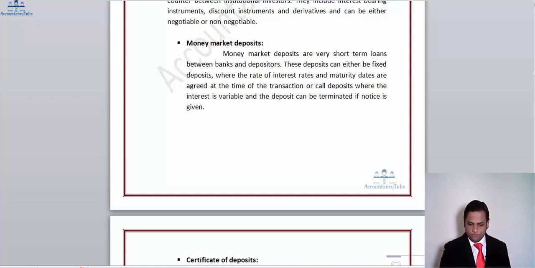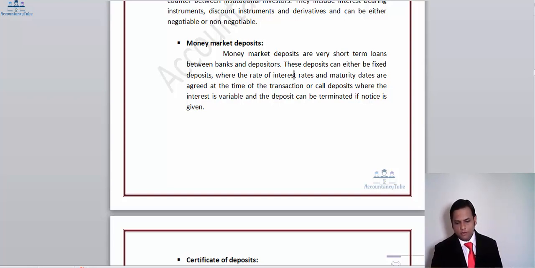Then we've got one more thing in this area as well. We've got a call deposit, where the interest is variable and the deposit can be terminated if notice is given. Here, instead of a fixed term deposit, the depositor will keep the fund in the bank and obtain a return over it.